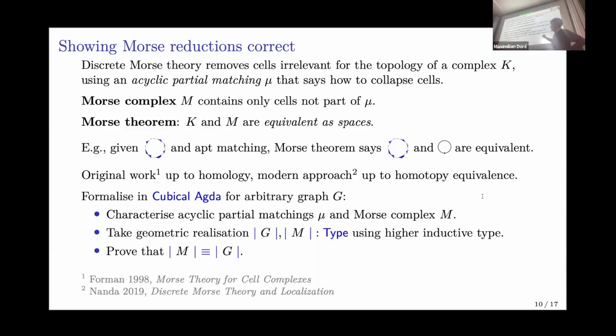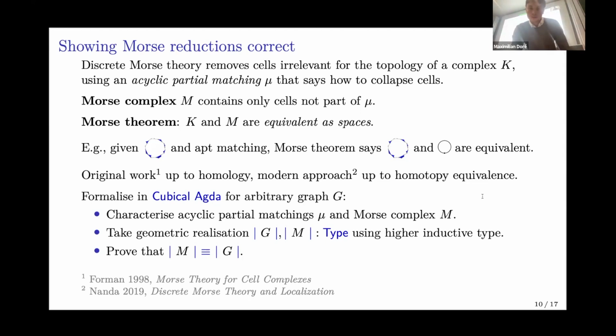And if we look at both the graph and the Morse complex as homotopy types, so we take this combinatorial description of the graph and embed it into Cubical Agda to be able to talk about the homotopical structure of G, and we do the same for the Morse complex, then we can establish that these are the same things as far as Cubical Agda is concerned. So these 3 steps we have to carry out to formalize Morse theory for graphs.